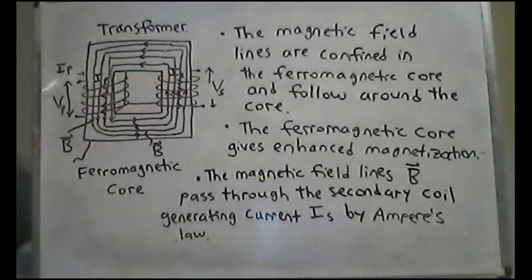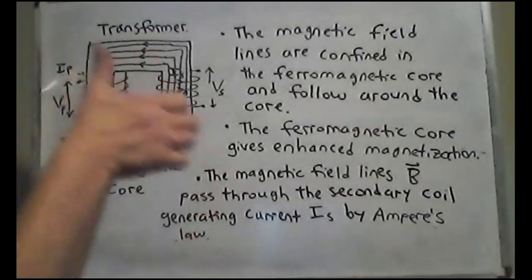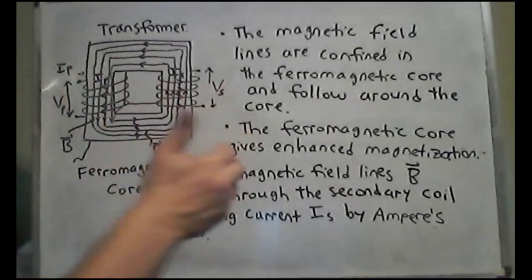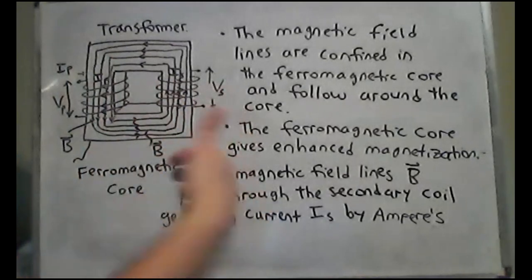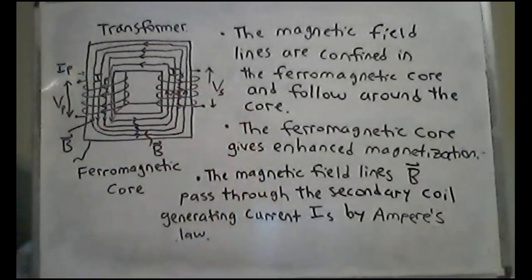Then it comes up through the right-hand side of the core. Now the magnetic field is straight up, and Ampere's law says we're going to have a current going in a counterclockwise direction in the secondary coils. And all I've talked about so far is nothing but Ampere's law, the relationship between current and magnetic field. Ampere's law, chapter 21.